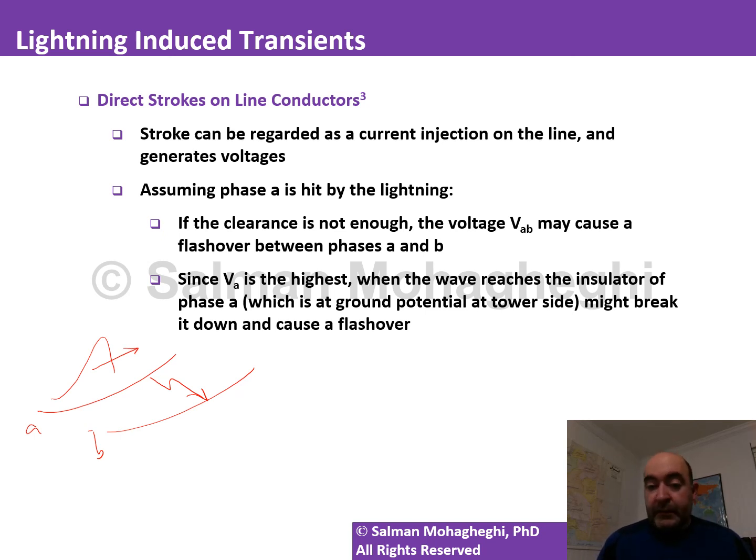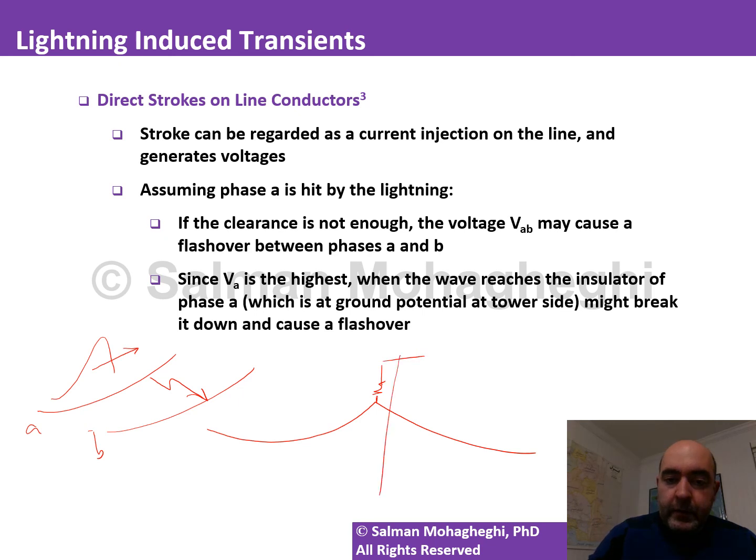Another possibility, even if you don't have the flashover, is that, let's say this is my insulator for phase A. If you have this traveling wave moving along the conductor for phase A, the moment it reaches this tower and the insulator for phase A, maybe the overvoltage, meaning the voltage that is induced here minus the ground voltage at this point, might actually be too high for the insulator to tolerate.